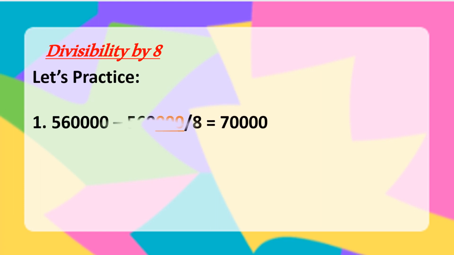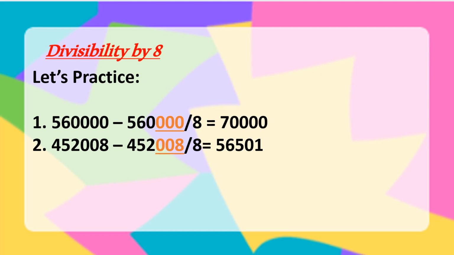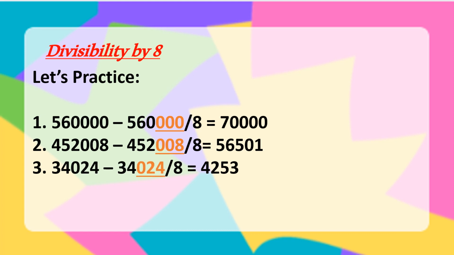Let's proceed to divisibility by 8. Number 1, 560,000 ends with 3 zeros. Therefore, it is divisible by 8. Number 2, 452,008. The last 3 digits are 0, 0, and 8. Therefore, it is divisible by 8. Number 3, the given is 34,024.